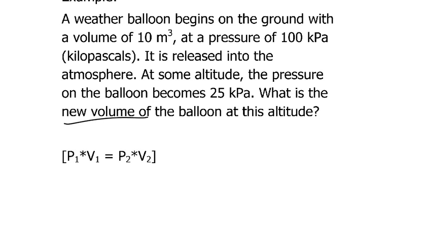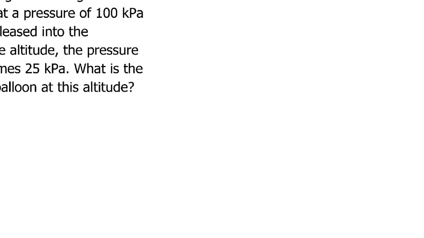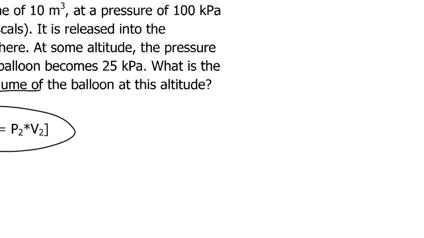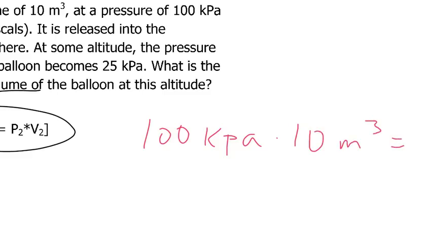Well, we're going to use this formula. Let's do it over here. So 100 kilopascals times 10 cubic meters has to be equal to 25 kilopascals times some new volume.